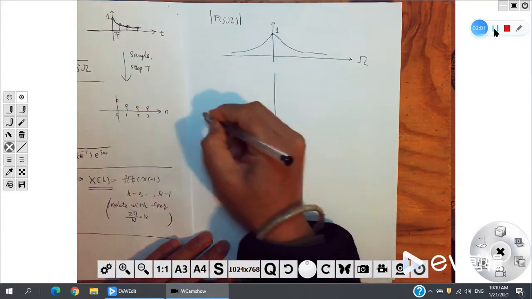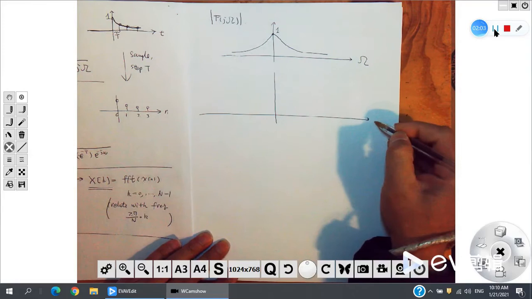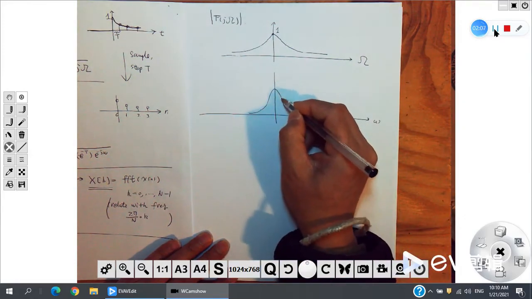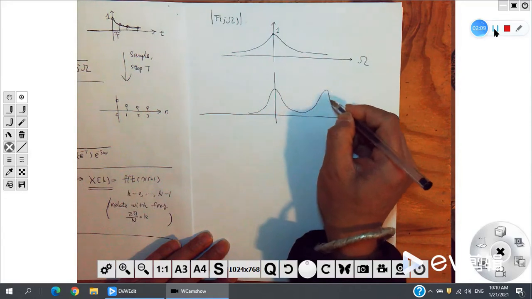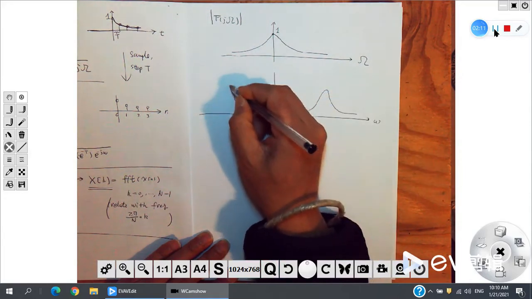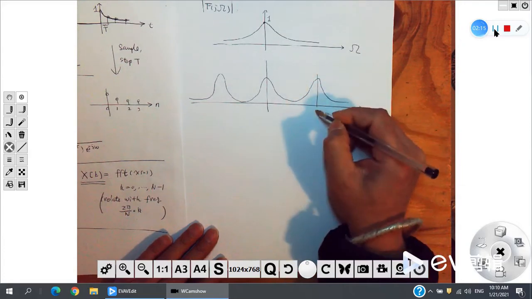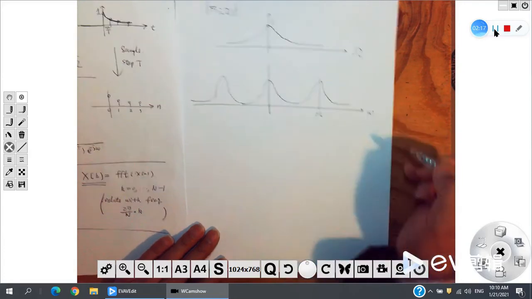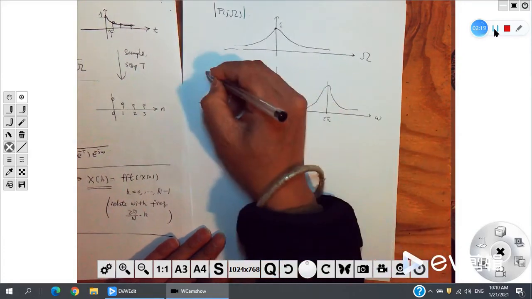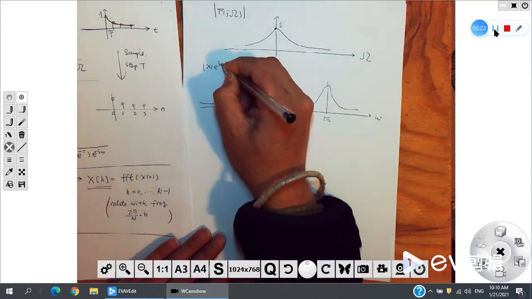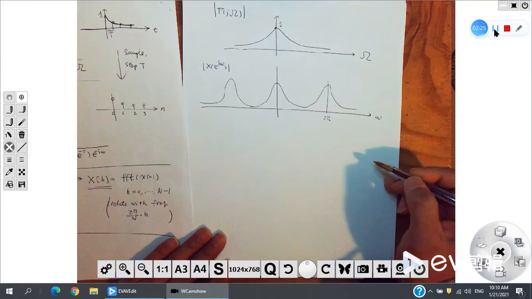It is a function of lowercase omega. It looks like this. It uses 2 pi as a period. This one is X of e to the j omega, which uses 2 pi as a period.